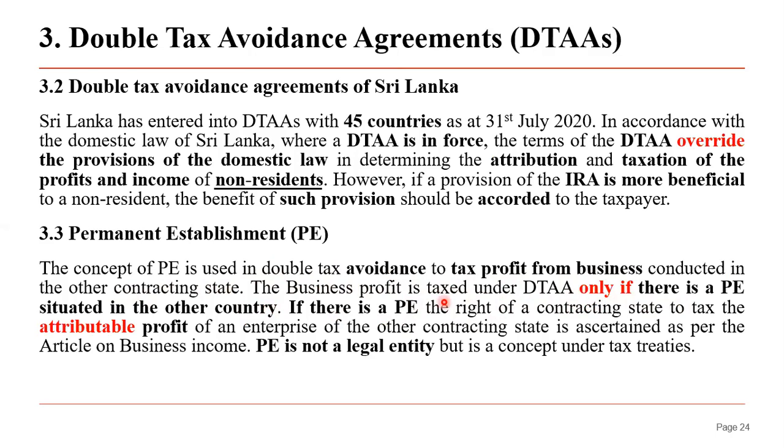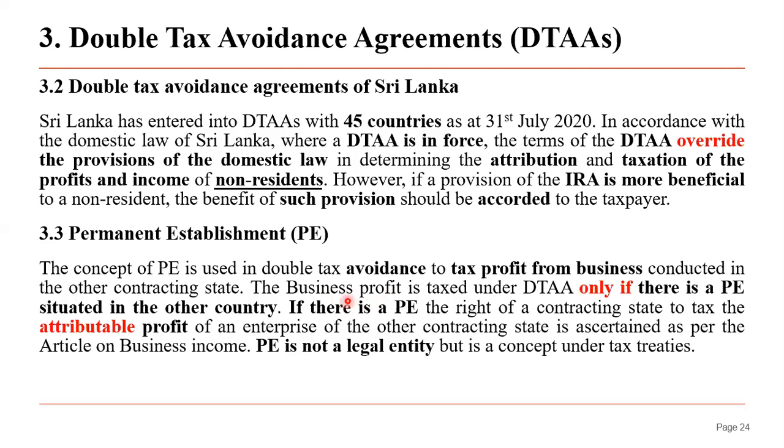The business profit, keep it in mind, the business profit, not the other income. Business profit is taxed under DTAs only if there is a PE situated in the other country. Then the business profit, not the dividend, interest, rent, royalty.